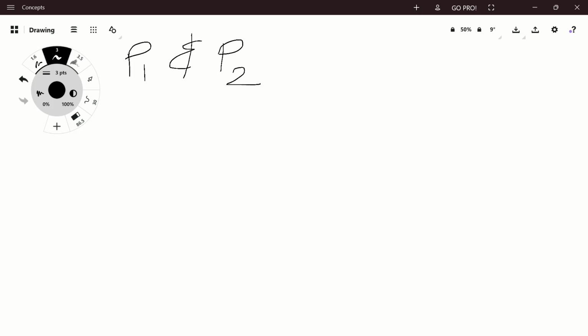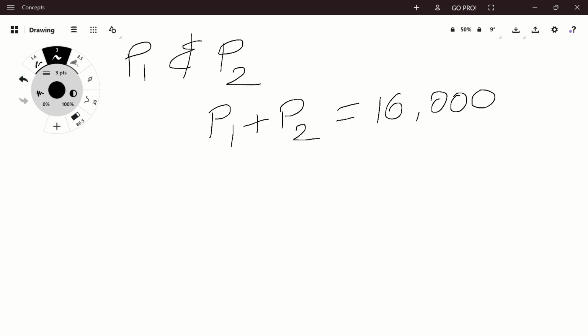The total sum is 16,000, so P1 plus P2 is equal to 16,000. The formula for simple interest is SI is equal to PRT upon 100.